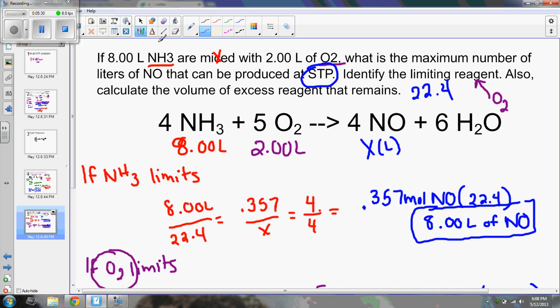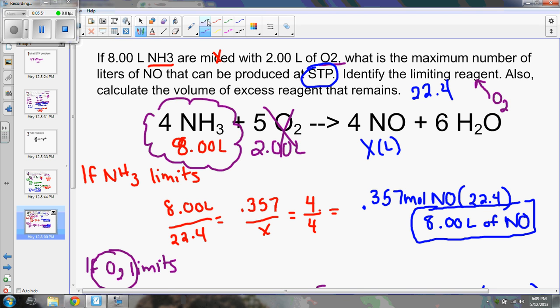The second part says, calculate the volume of excess reagent that remains. So whatever is not my limiting reagent, not this one, I want to figure out how much, after the whole reaction is done, is going to be left over.